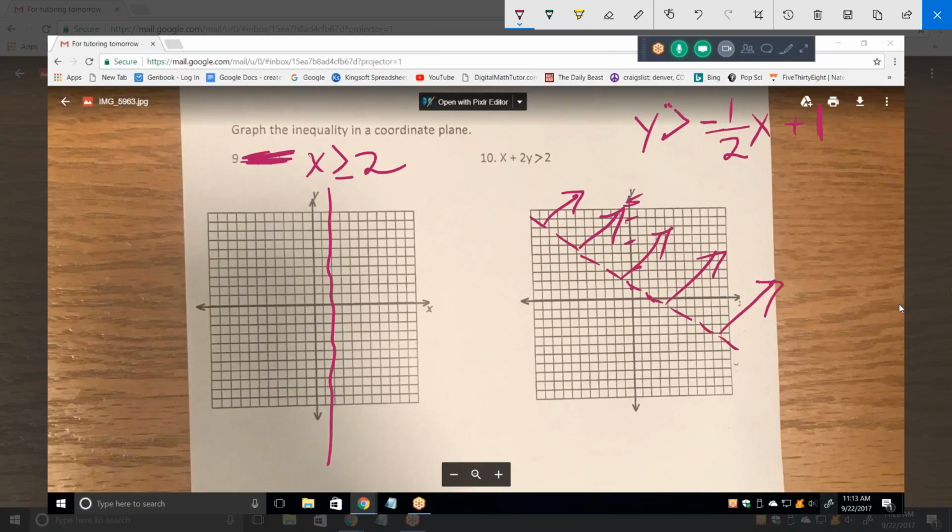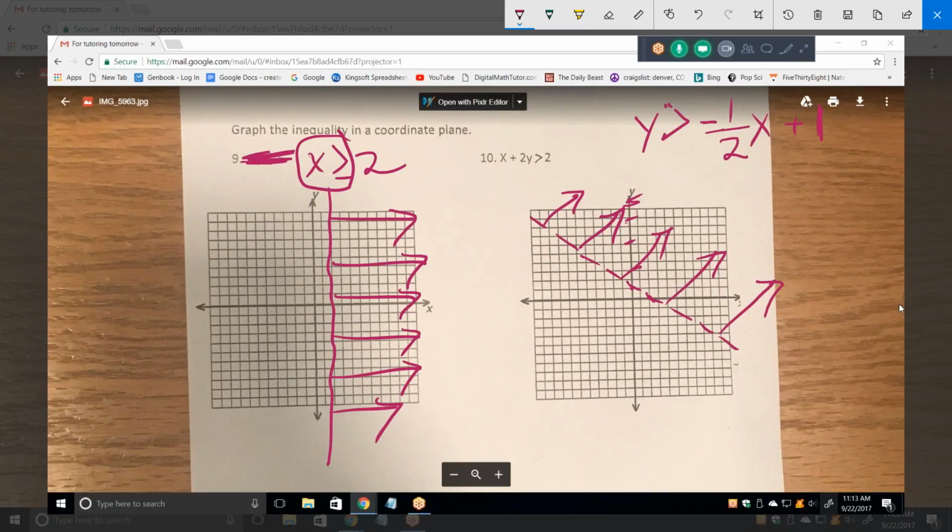There's only right or left. Which side am I? Right? Yeah, because x is greater than that line. So I would shade that side. But that is the only time your answer is ever right or left.